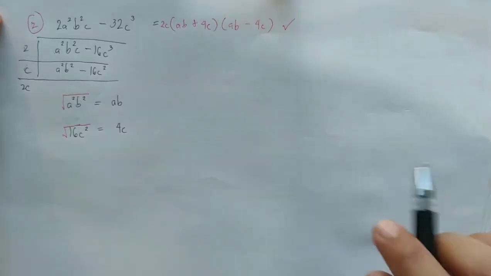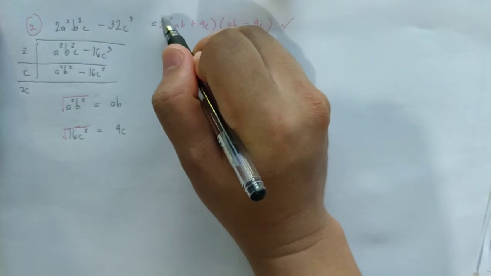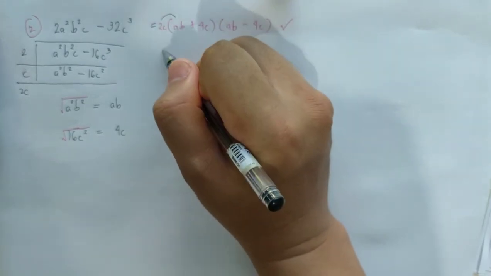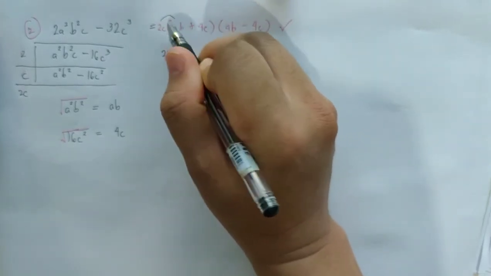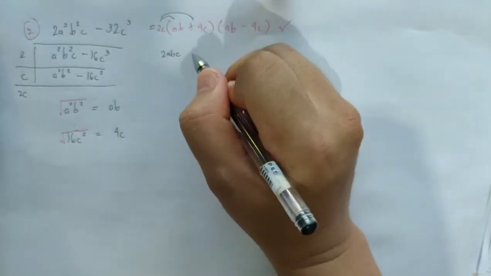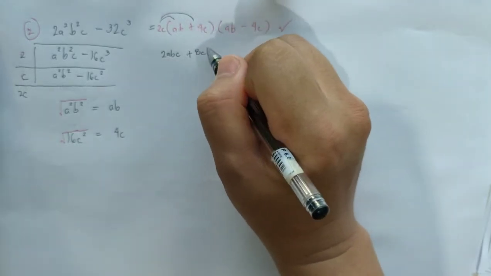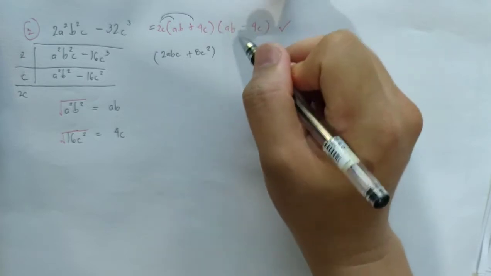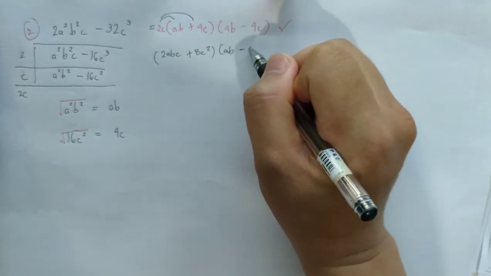Okay, check natin. Distribute muna natin yung 2c. So, 2c times ab is 2abc. 2c times 4c is 8c squared. Tapos multiply dito sa ab minus 4c.